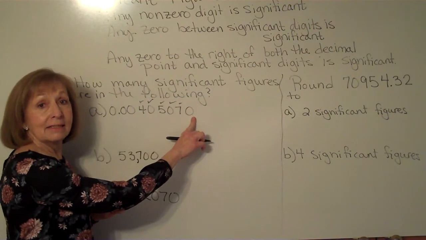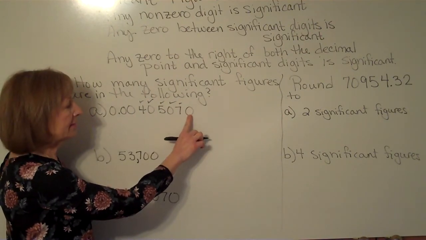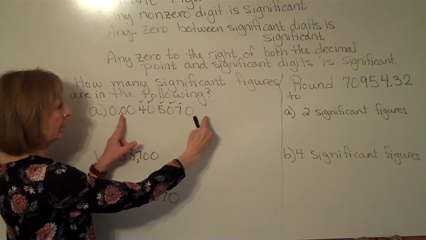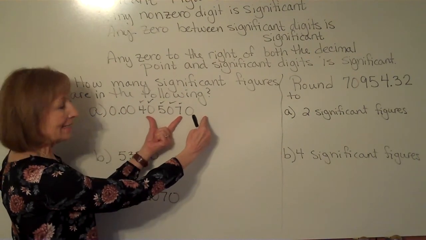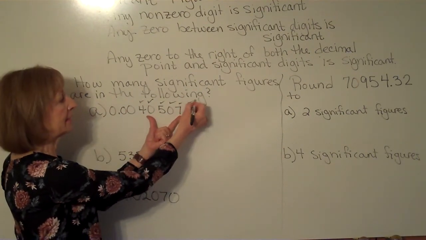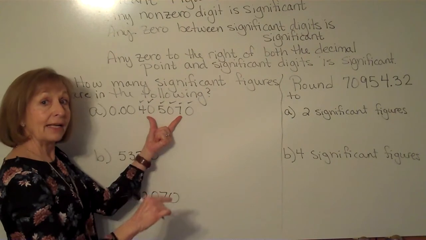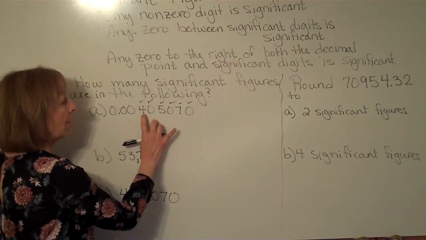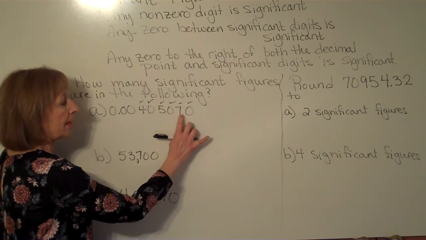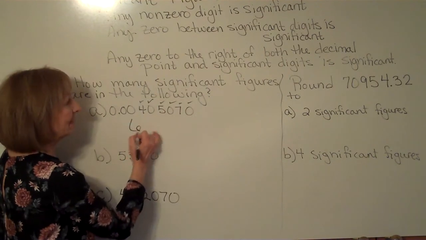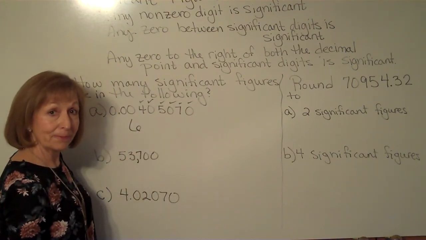That leads us to this last 0, and this 0 is to the right of both the decimal point and significant figures, so it's considered significant. When I count these all up, there are 1, 2, 3, 4, 5, 6 significant figures in that number.